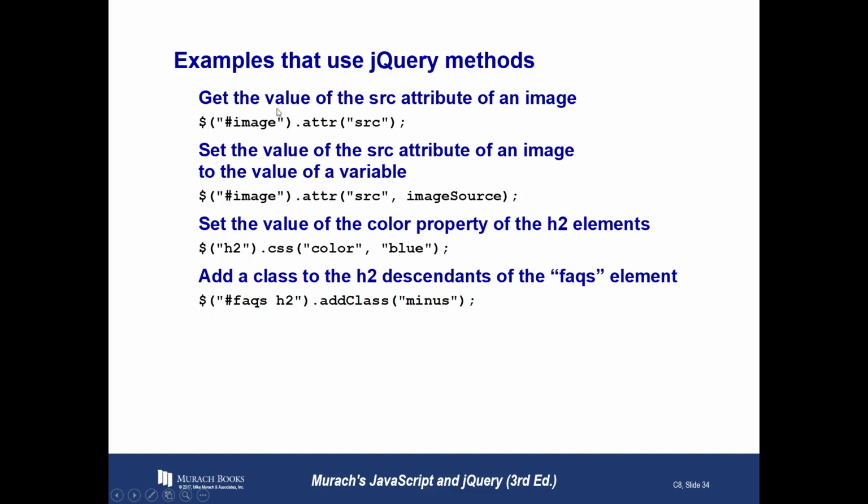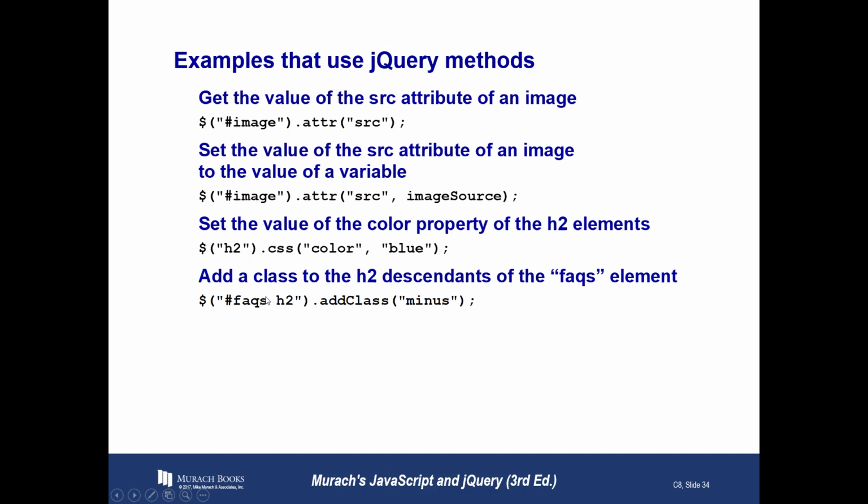This, as it says, gets the value of the source attribute for an image with an ID of image. This gets it. This will set it. This will set the value of the color property, and for lack of better words, it'll say take all H2 elements and make their text color blue.